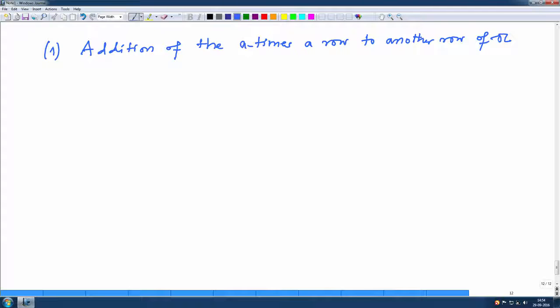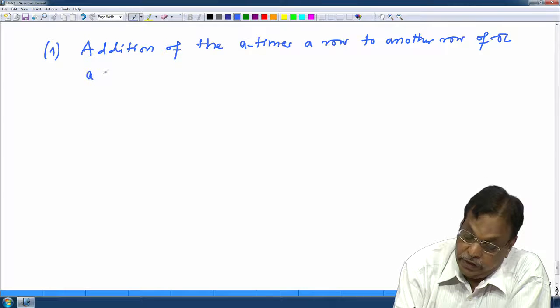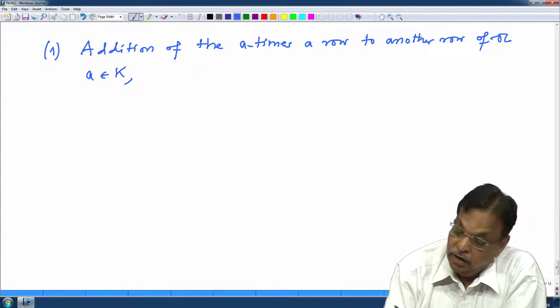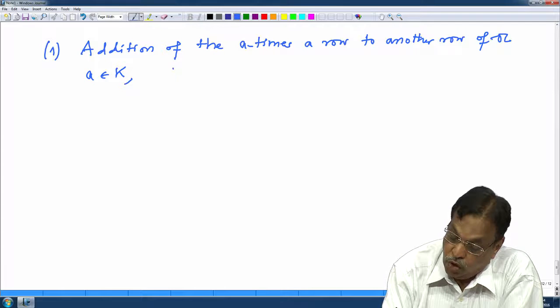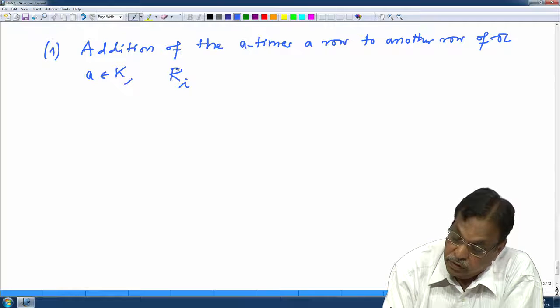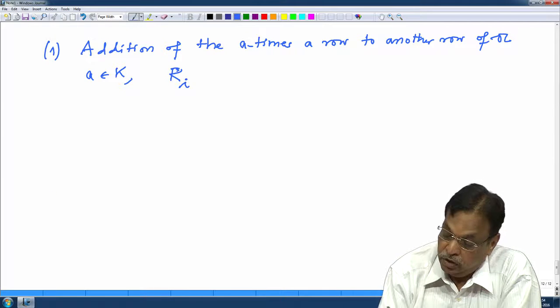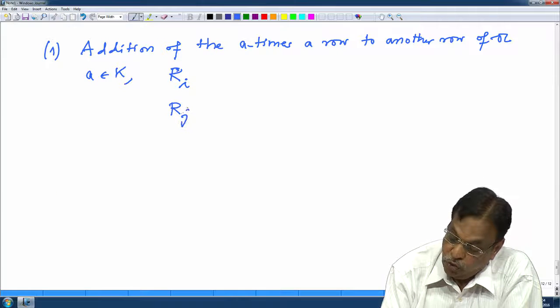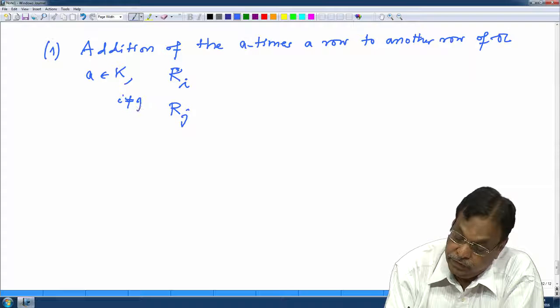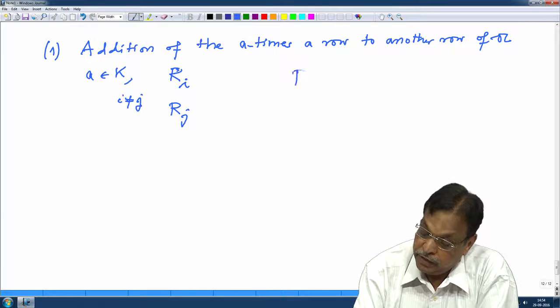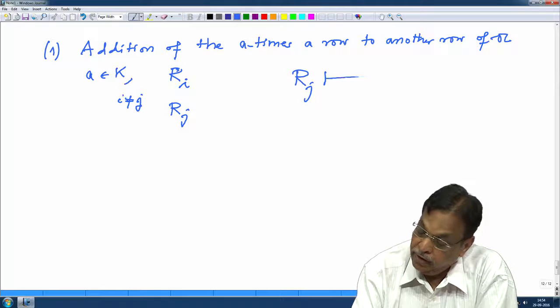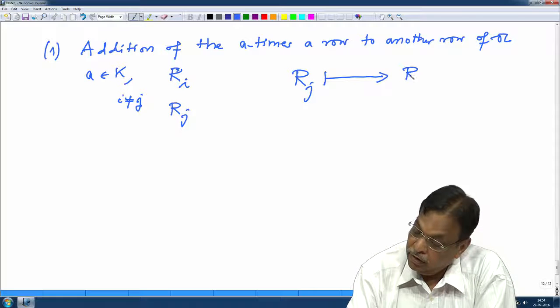So I want to write this in the notation. So a is an arbitrary scalar, R_i is the ith row, and R_j is another row, so i is not equal to j, and I am replacing R_j by R_j plus a R_i.